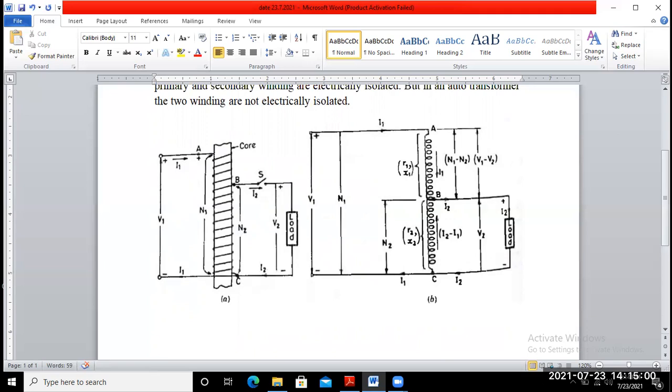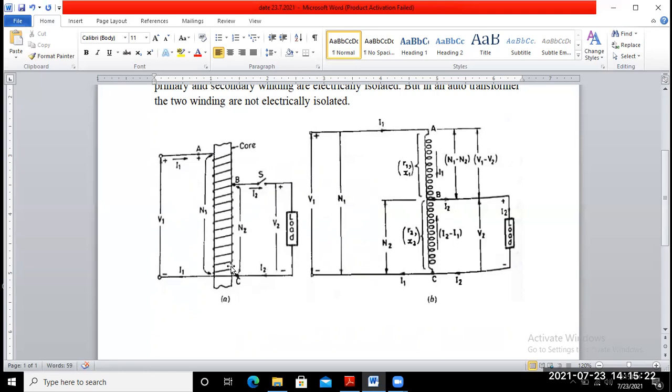Just try to imagine what will happen if this switch S is closed. That means load current I2 starts flowing through this load to the negative terminal C. So the load current starts to flow.